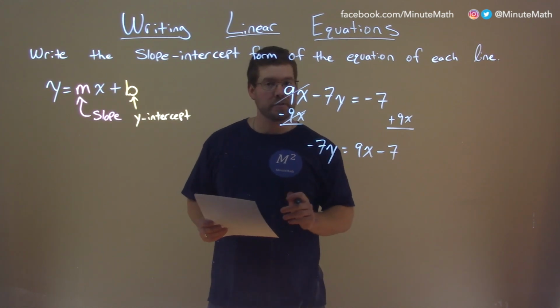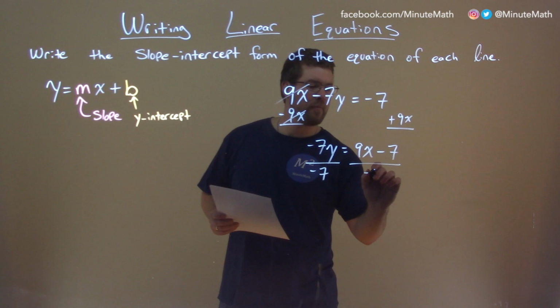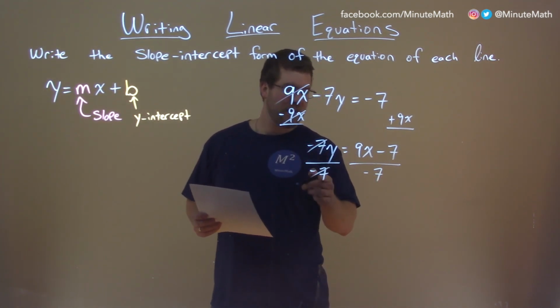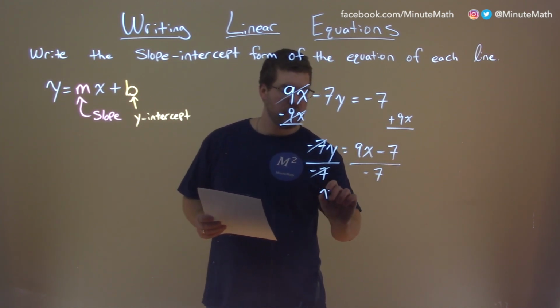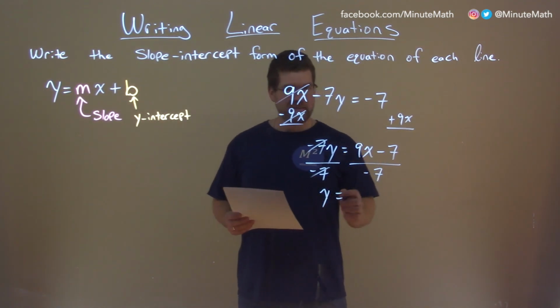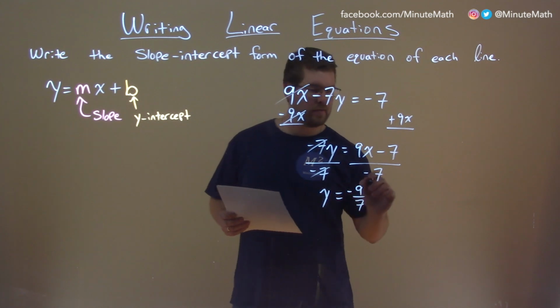That's multiplication. Divide both sides by negative 7. And remember, weird way of saying it, these cancel out, and this negative 7 goes to both parts on the right. So we have y here equals, well, 9 divided by negative 7 is just negative 9/7. Keep it as a fraction, makes it easier.